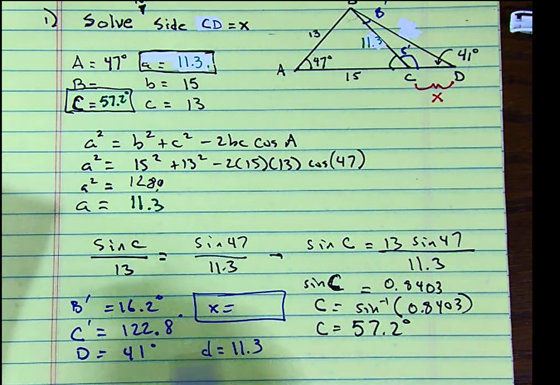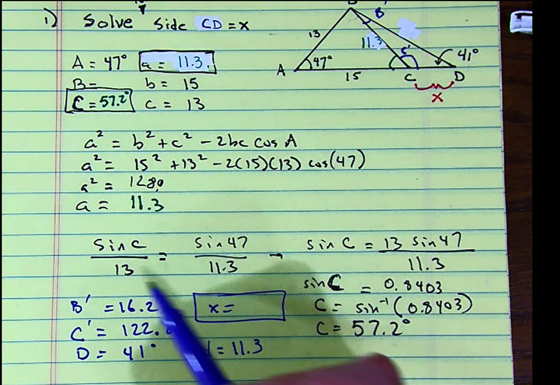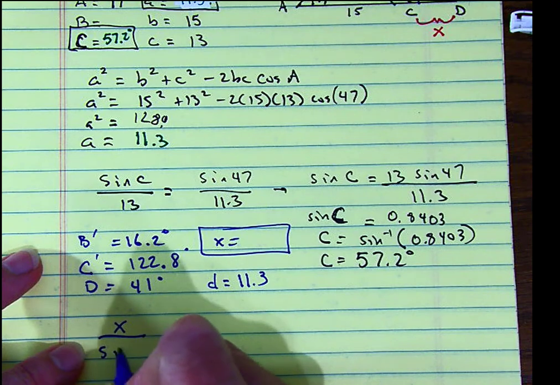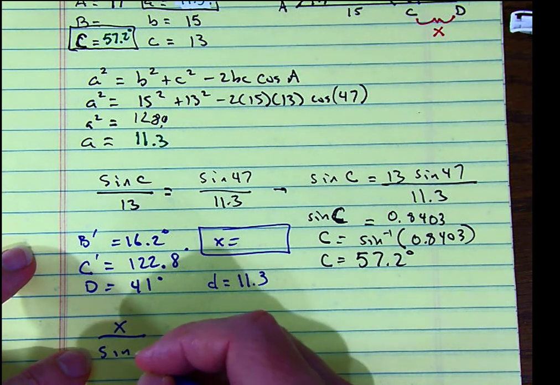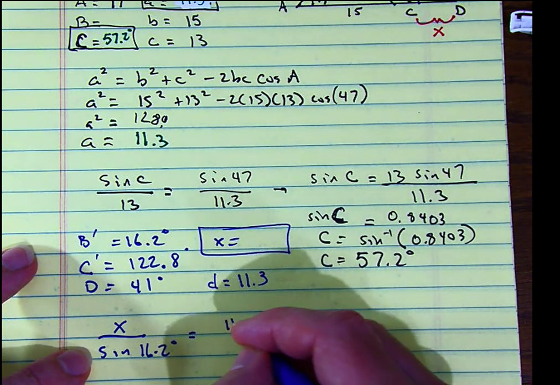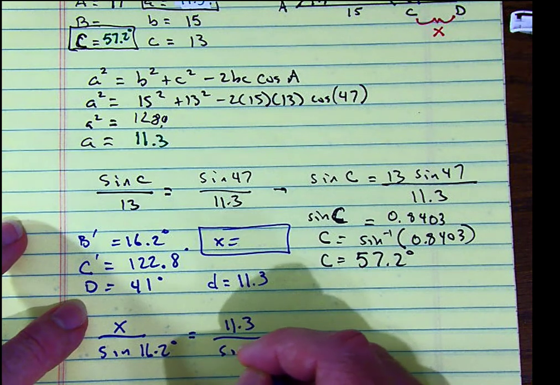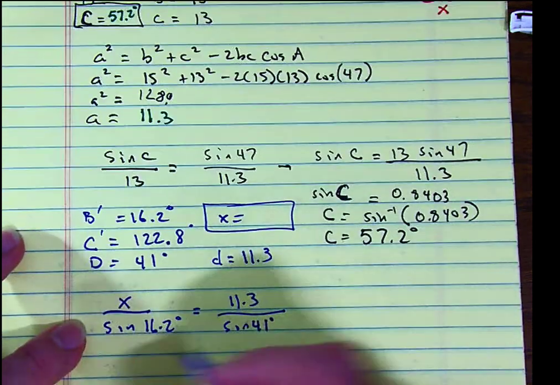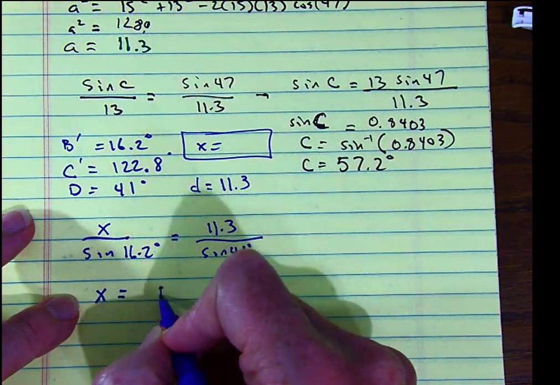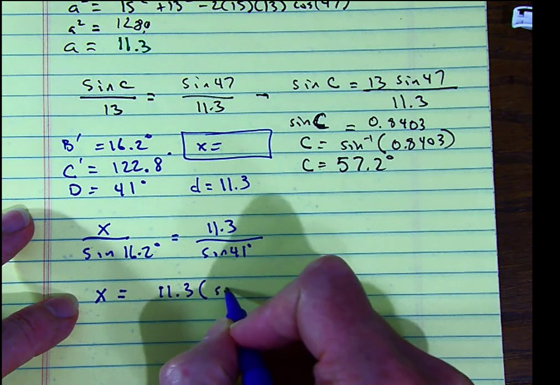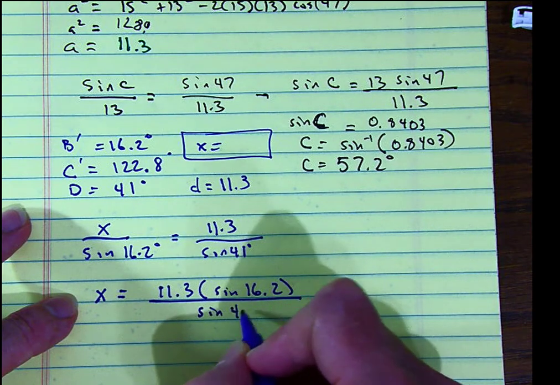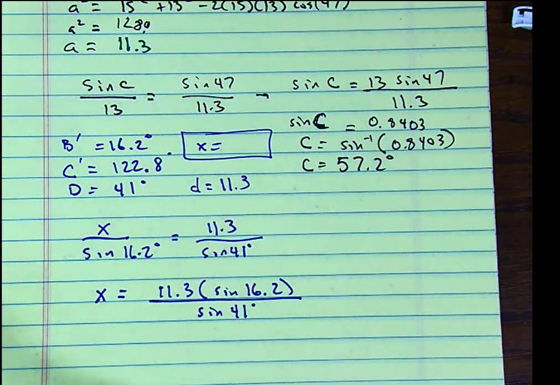Actually, we have all three angles now, so we can do law of sine and find x. x divided by sine of 16.2 degrees equals 11.3 over sine 41 degrees. So x is going to equal 11.3 times sine of 16.2 divided by sine 41 degrees.